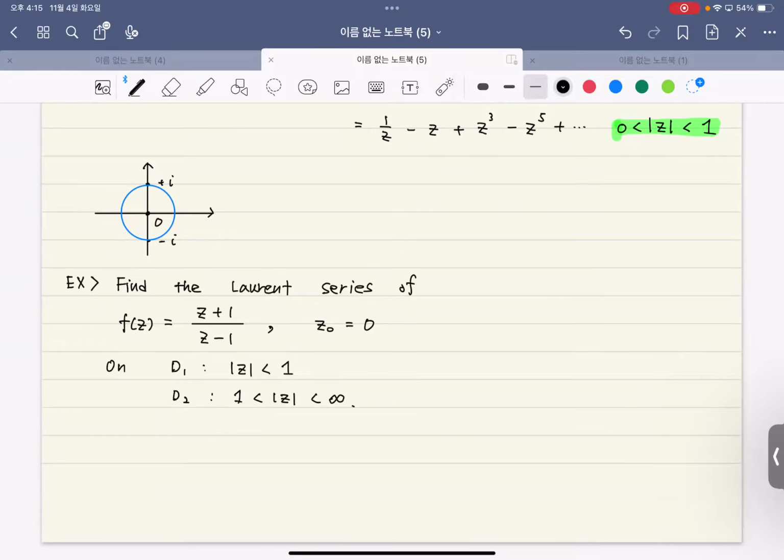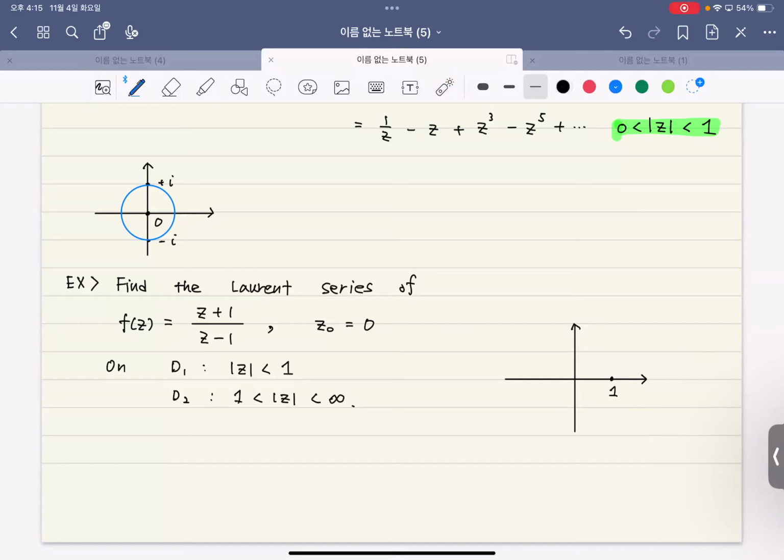Okay, so what do I mean by that? Please let me locate the singularities of this function. I actually have just one singularity, at the point where z equals 1. And here we are trying to find the Laurent series of this function centered at the origin.